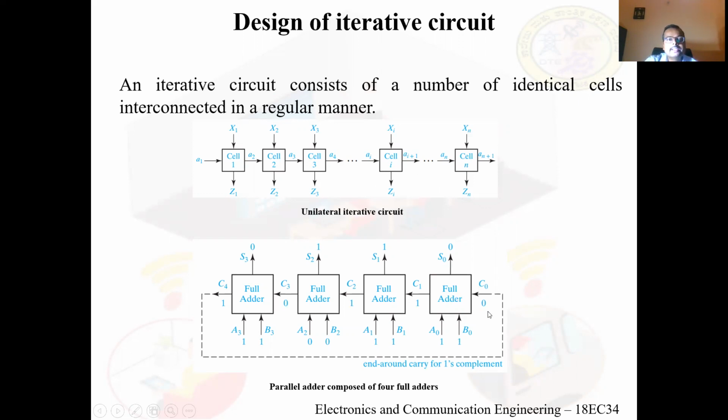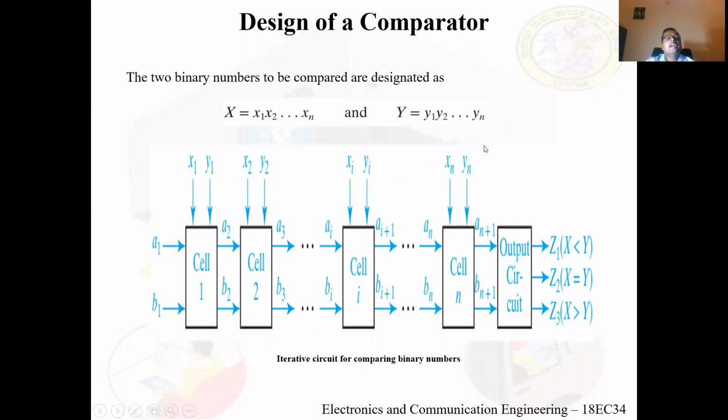An example of an iterative circuit is a parallel adder, which is a 4-bit parallel adder, and since it is 4-bit, it consists of 4 full adders.